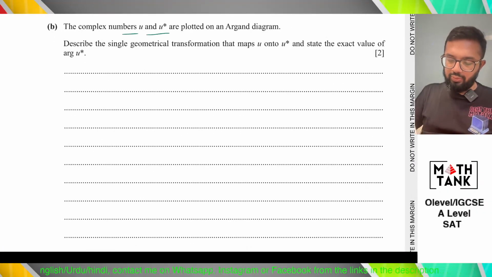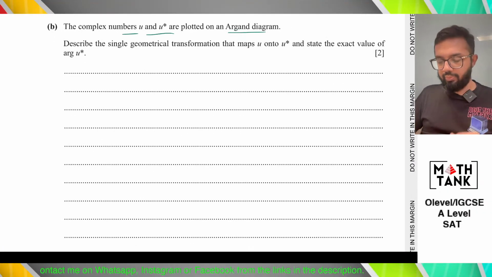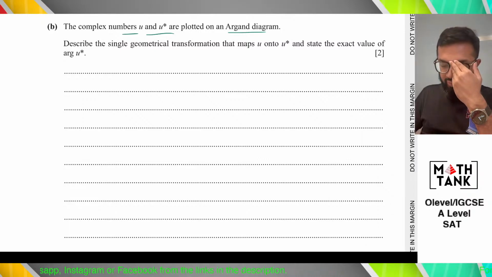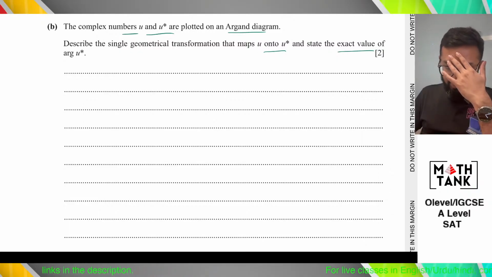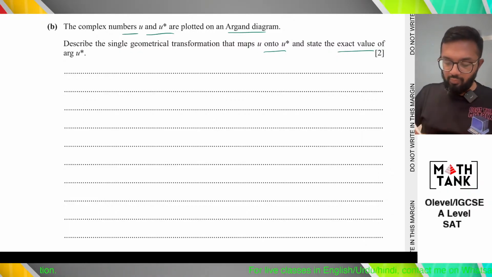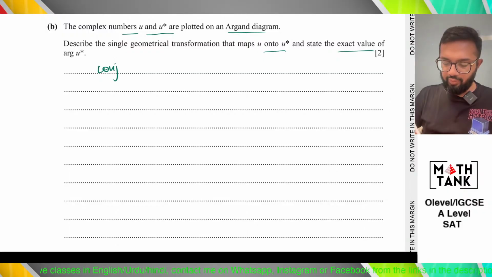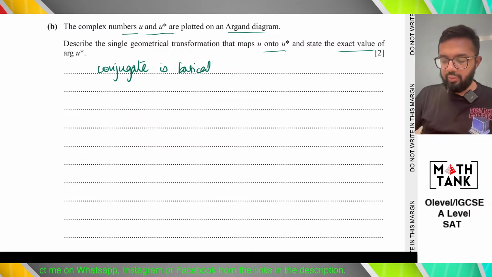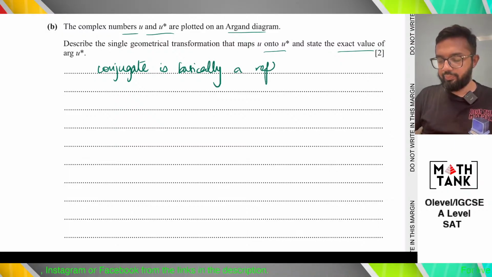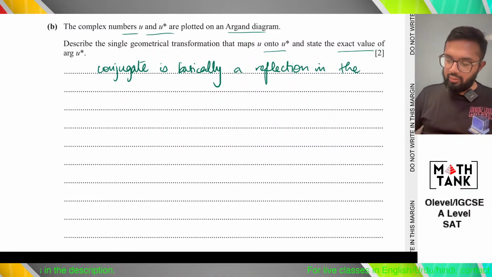Okay, the complex numbers u and u star are plotted on an Argand diagram. Describe the single transformation that maps u into u star and state the exact value of the argument of u star. Okay, so I just told you that the conjugate is basically a reflection in the real axis.